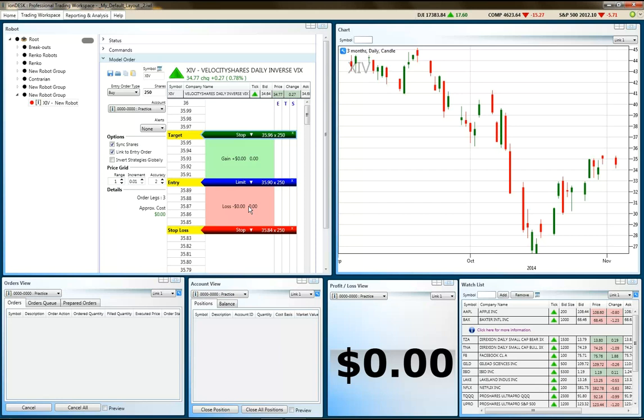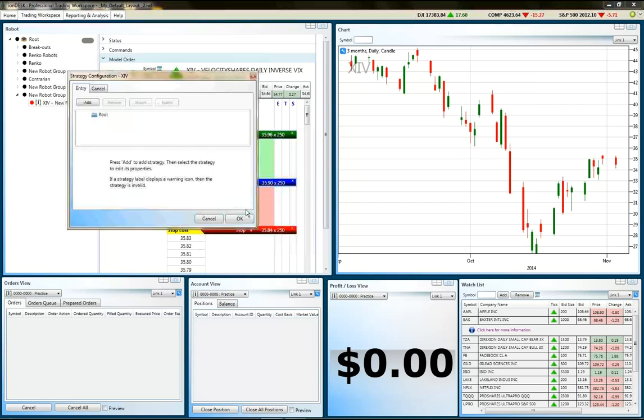In any manner, people look at it the same way. What we would do is set it up for a market order, and then apply our strategy to it. We would come in here and add a strategy.